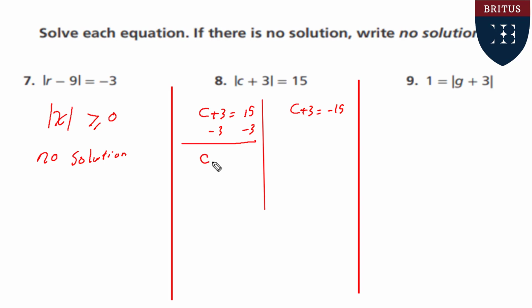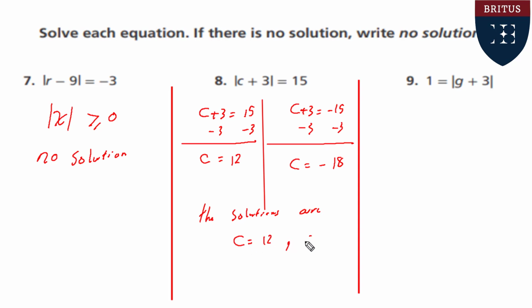We get C is equal to 15 minus 3 equals 12. Subtract 3 from both sides. So we get C is equal to negative 18. Now the solutions are C equals 12 and C equals negative 18.